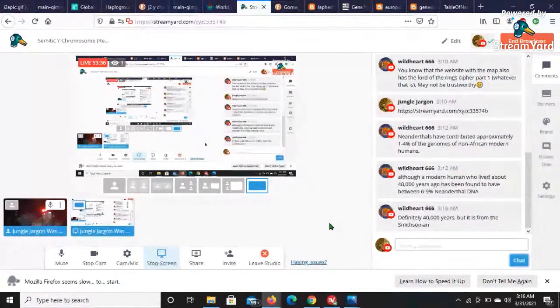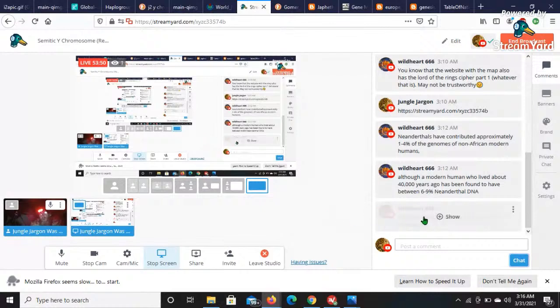So definitely 40,000 years, but it is from Smithsonian. Well, I don't trust Smithsonian, so there's that. Carbon dating, which you're supposed to use for dating biological things, only goes back 5,000 years at the most.